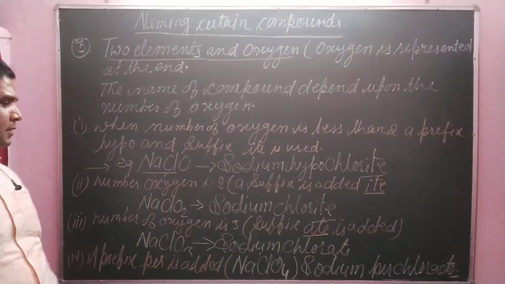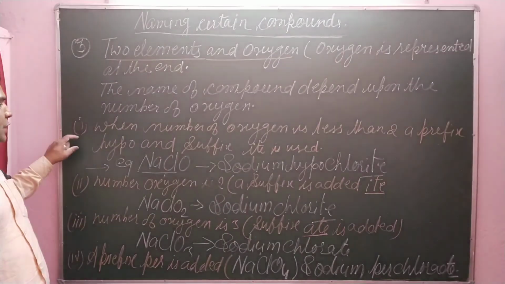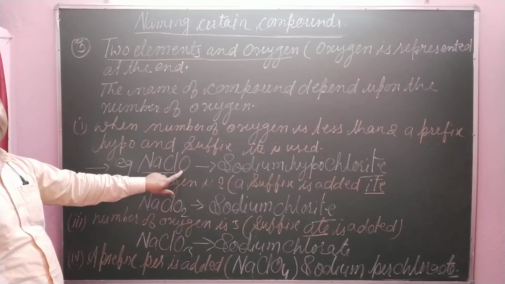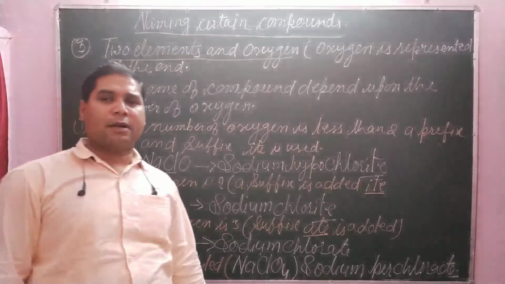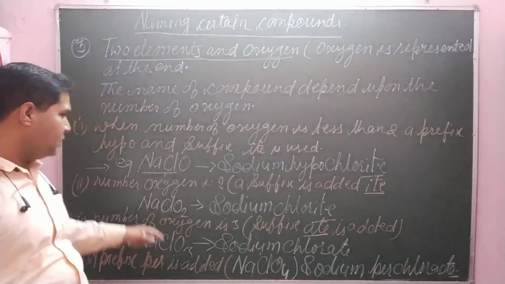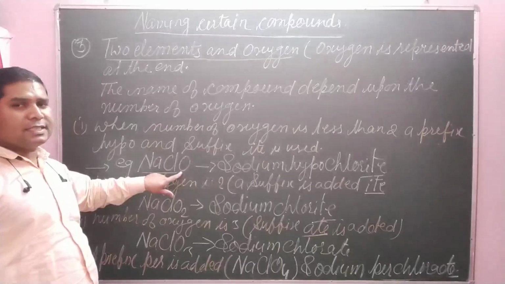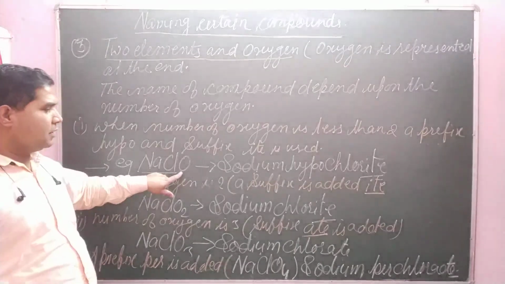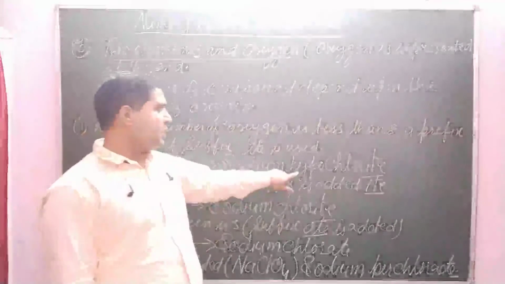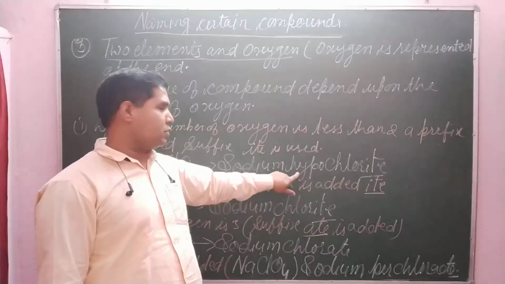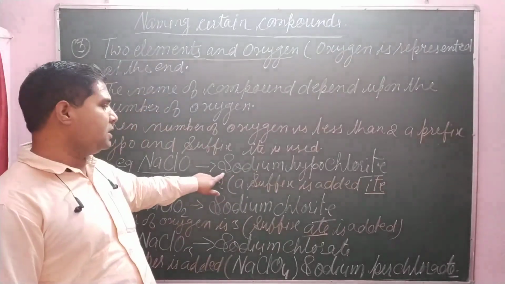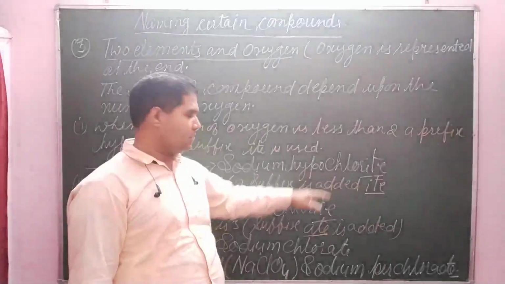So this way we have seen that due to the number of oxygen, the name of the compound differs. Where the number of oxygen is 1, a prefix hypo is used, so the name of the compound is sodium hypochlorite.